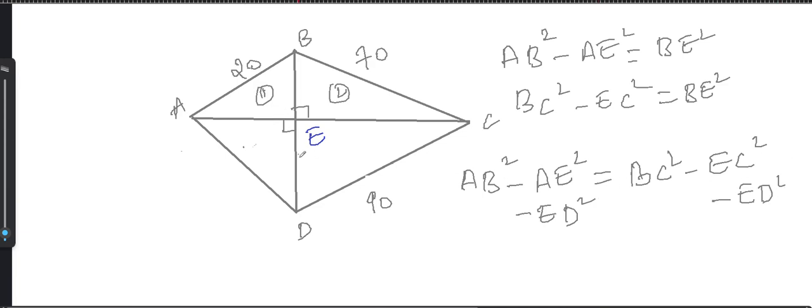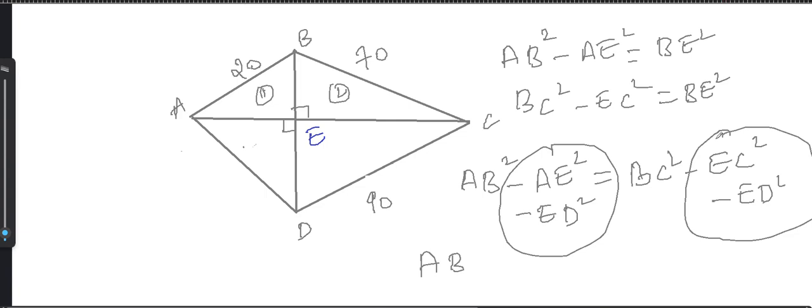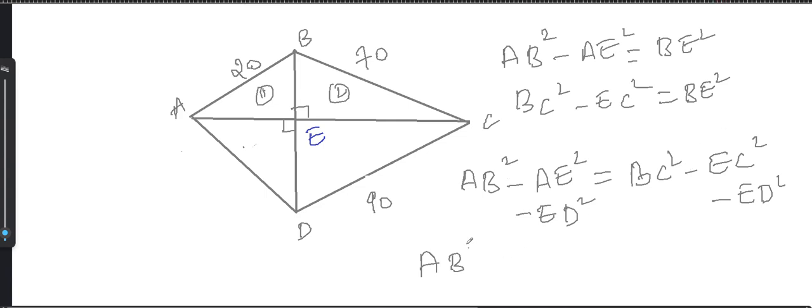Here if you see, AE square and ED square are related. If you combine them, it becomes equal to AD square, and EC square and ED square, if you combine, it becomes equal to CD square. So we can apply the Pythagoras theorem for this particular section, and we can change the above equation.